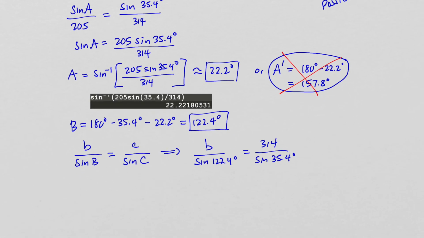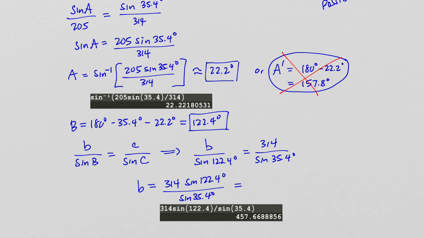And if you multiply by sine of 122.4 degrees on both sides, you get B is equal to 314 sine of 122.4 degrees divided by sine of 35.4 degrees. And then we just plug that into a calculator. And we get 457 approximately. 458. There we go. That's better.